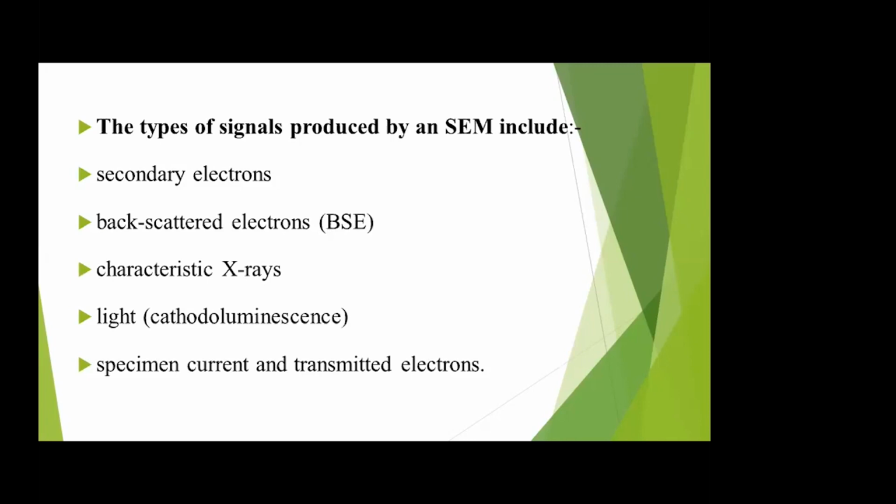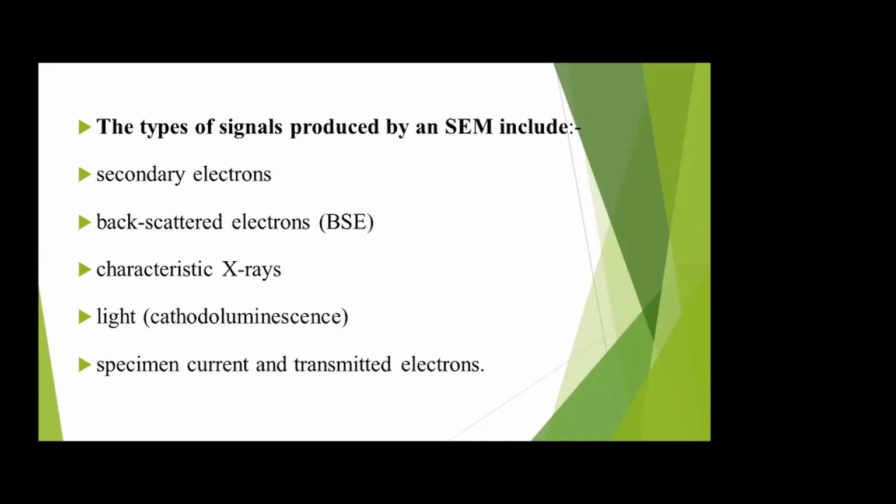Let me repeat. The types of signals that are produced by an SEM include secondary electrons, BSE or backscattered electrons, characteristic X-rays, light, there may be even Auger electrons also, specimen current, and transmitted electrons.